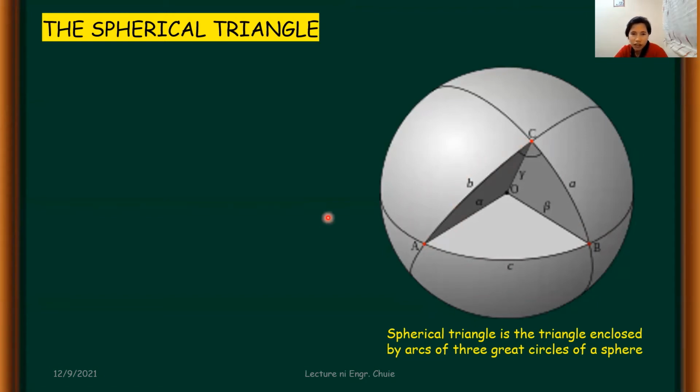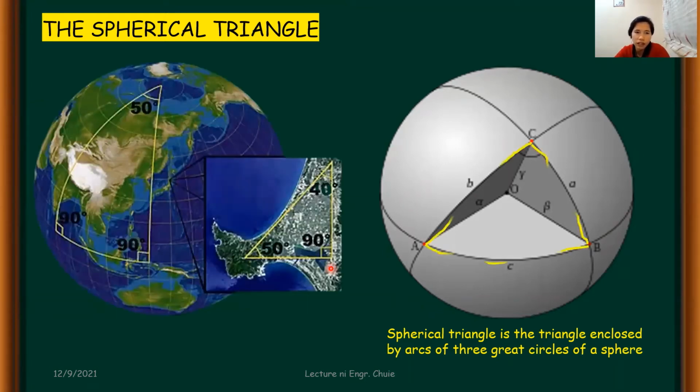So by illustration, we have another illustration here. For example, this is a great circle, circling and passing through the center of the Earth, the North Pole and the South Pole.